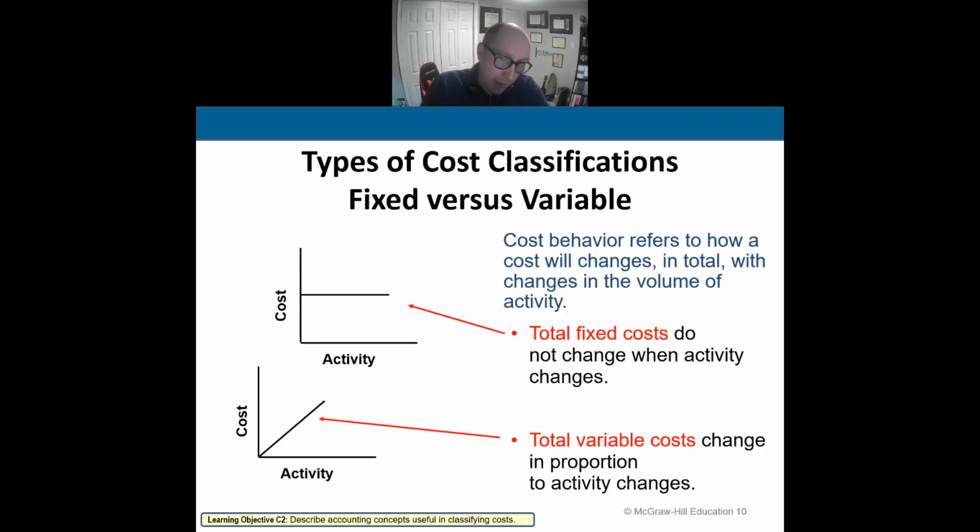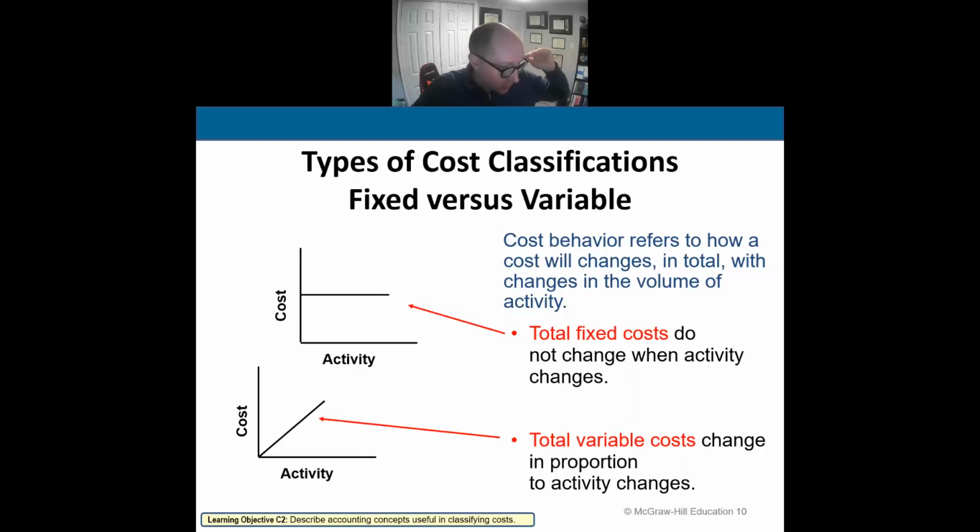Insurance, rent, managers' salaries, they stay the same every month, right? They don't change with the level of activity. They remain the same. So when you hear fixed costs, think a cost that remains the same regardless of the level of output.